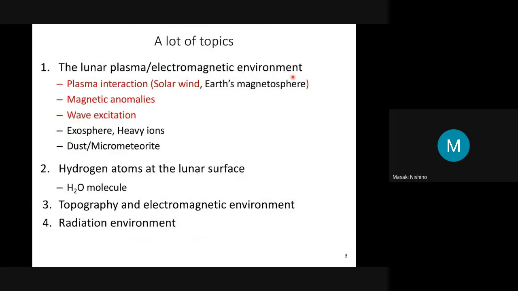And actually, there are a lot of topics on the solar wind interaction with the moon environment. Today, I would like to talk about these red-colored topics. One of them is plasma interaction with the solar wind and wake formation, and magnetic anomaly interaction and the resultant wave excitation around the magnetic anomalies.